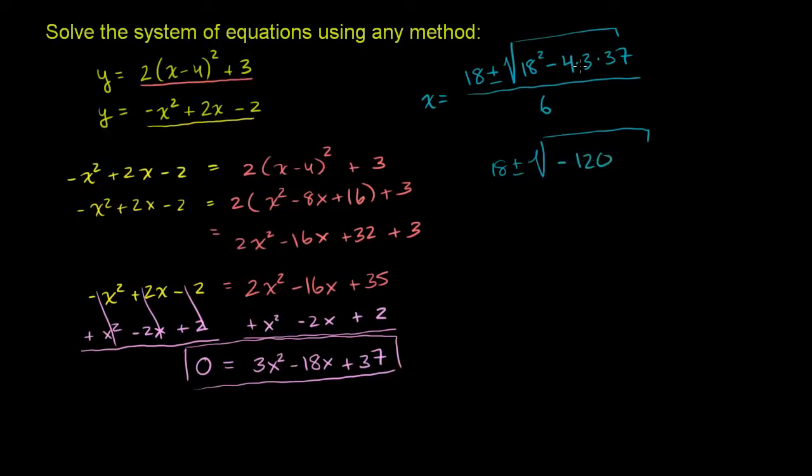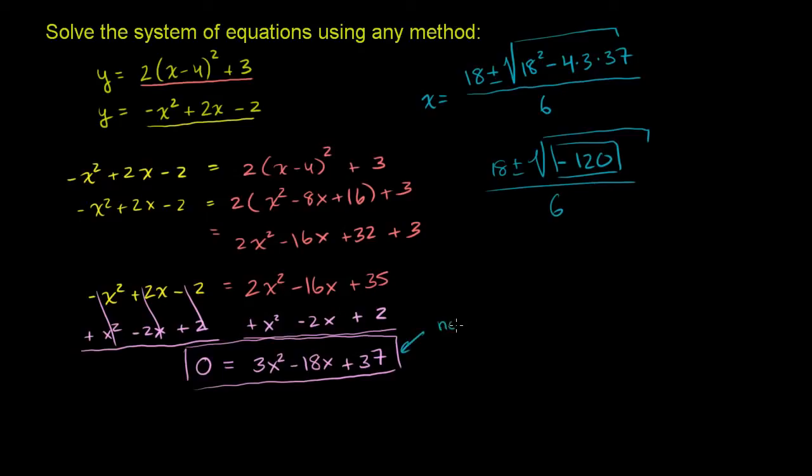And you might have even been able to figure out this is negative. 4 times 3 is 12. 12 times 37 is going to be a bigger number than 18. Although it's not 100% obvious, you might be able to just get the intuition there. But we definitely end up with a negative number under the radical here. Now, if we're dealing with real numbers, there is no square root of negative 120. So there is no solution to this quadratic equation.